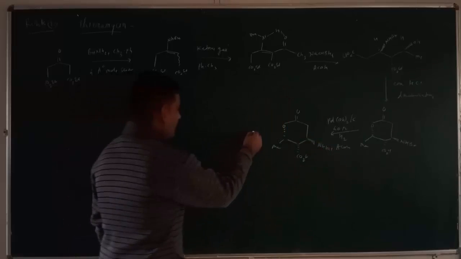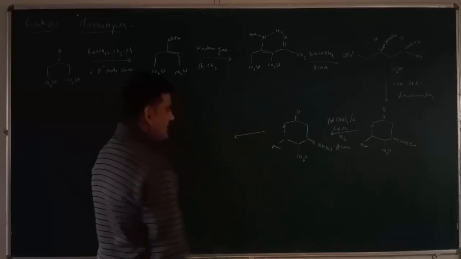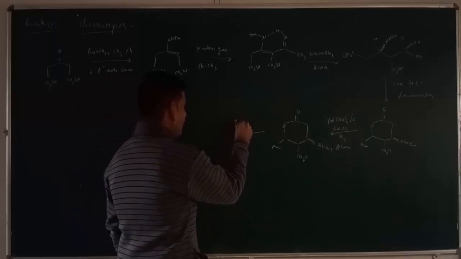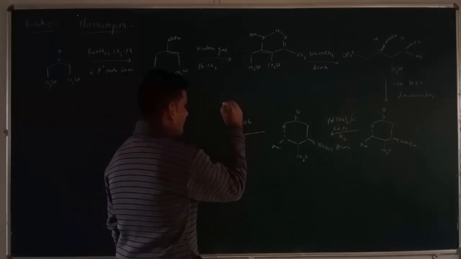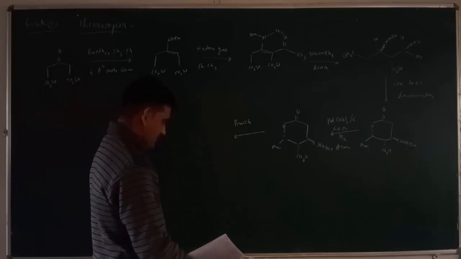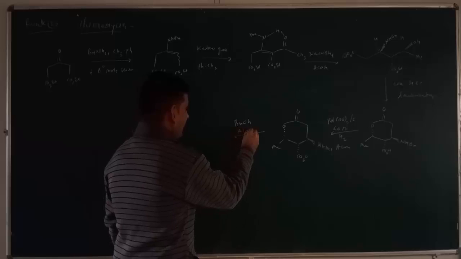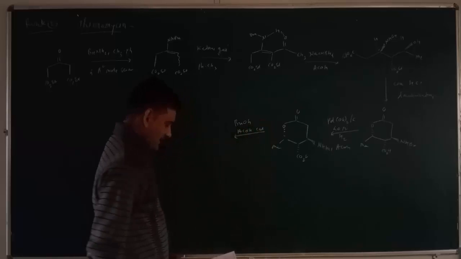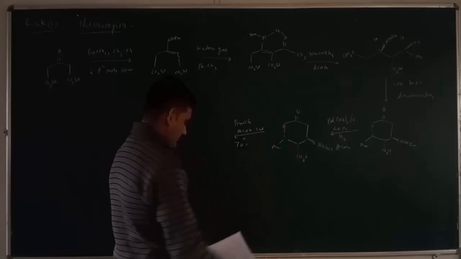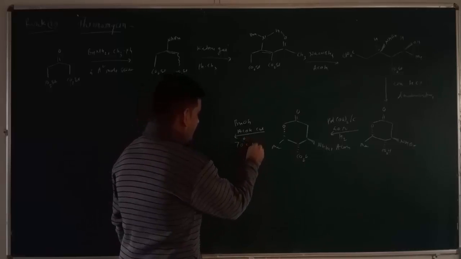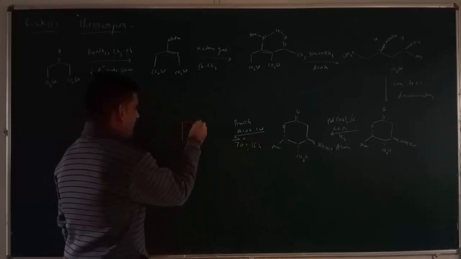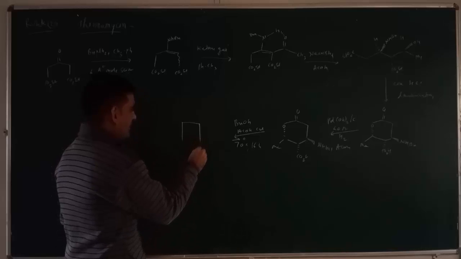Then in the further step, the lactone ring will be opened, and after opening it undergoes esterification by using benzyl alcohol in the presence of a catalytic amount of acid. If we heat this compound at 70 degrees for 16 hours, it gives opening of the ring, and after opening of the ring it gives a compound like this.